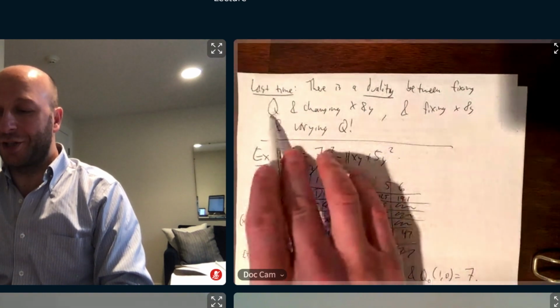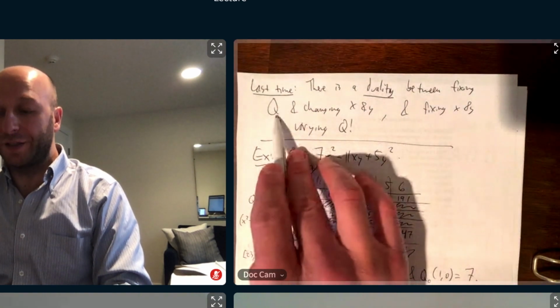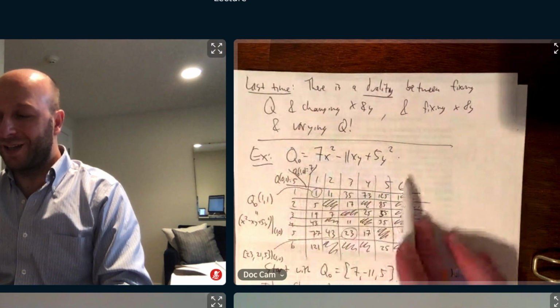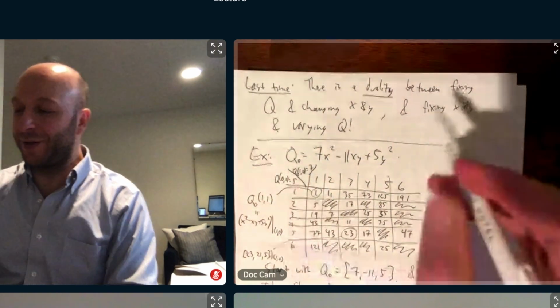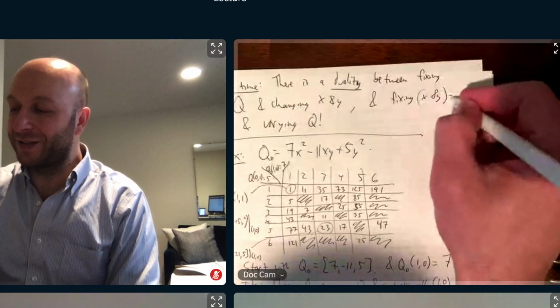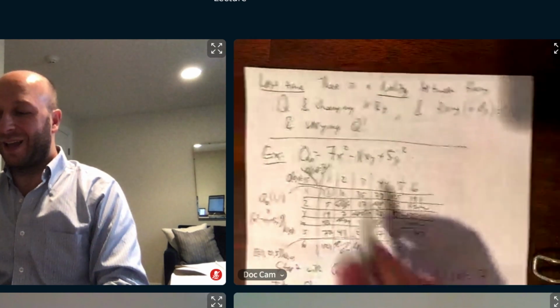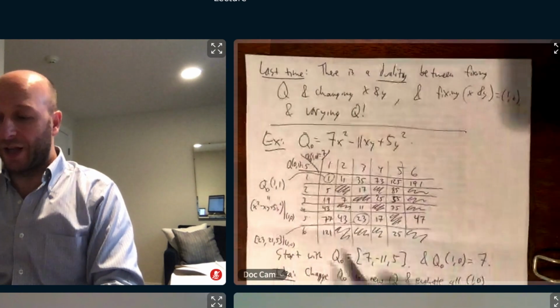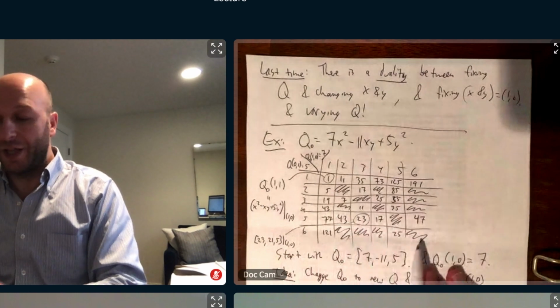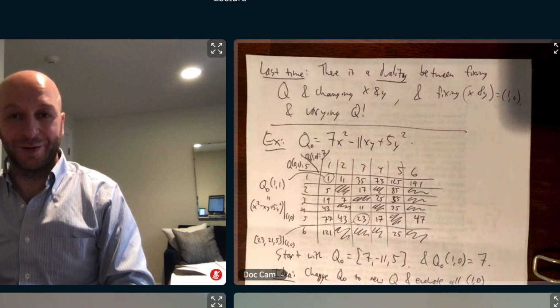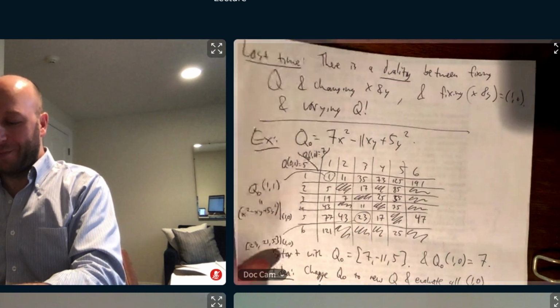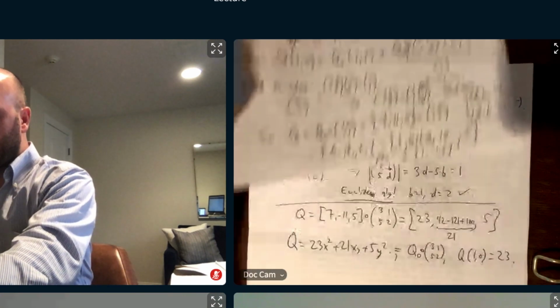Instead of fixing the quadratic form and changing x and y, we can fix x and y to be 1, 0, and vary Q. And then we still get the same values. These quadratic forms all represent the same values. Maybe we should prove that as a lemma.